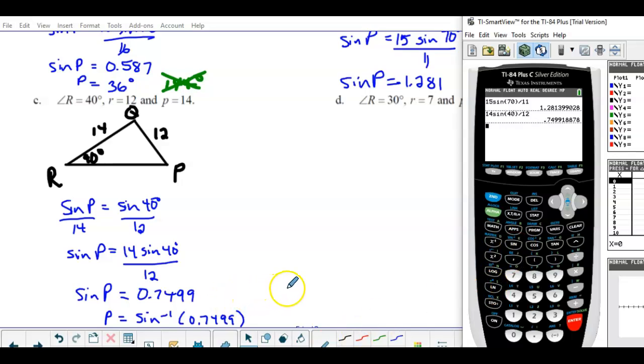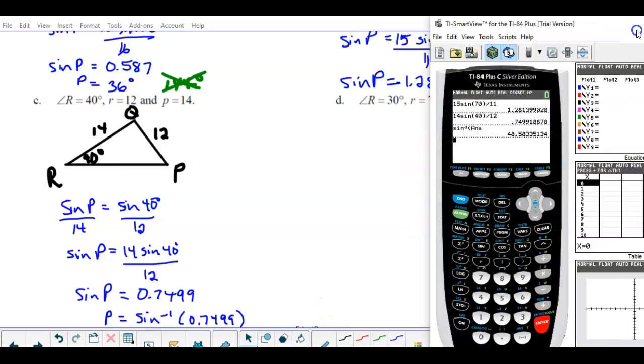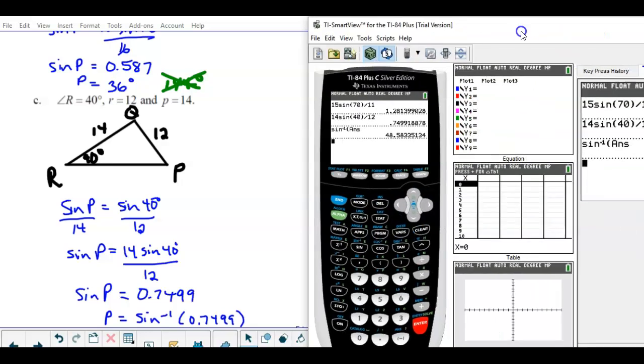Basically you can tell it's not going to be no solution, because that is less than 1. It's not going to be the one solution of 90, because it's not equal to 1. So if we go second sine of that answer, we get 48.6. We'll go to 1 decimal place for this one. So 48.6.